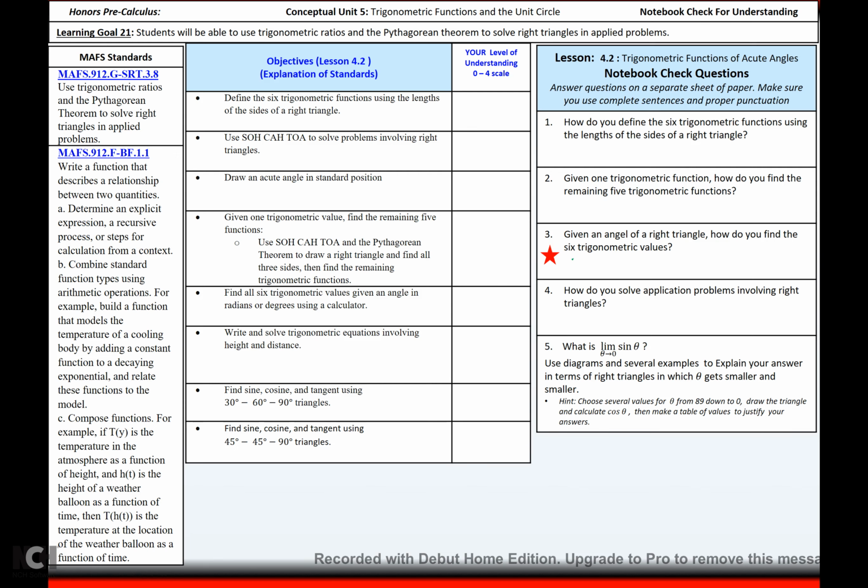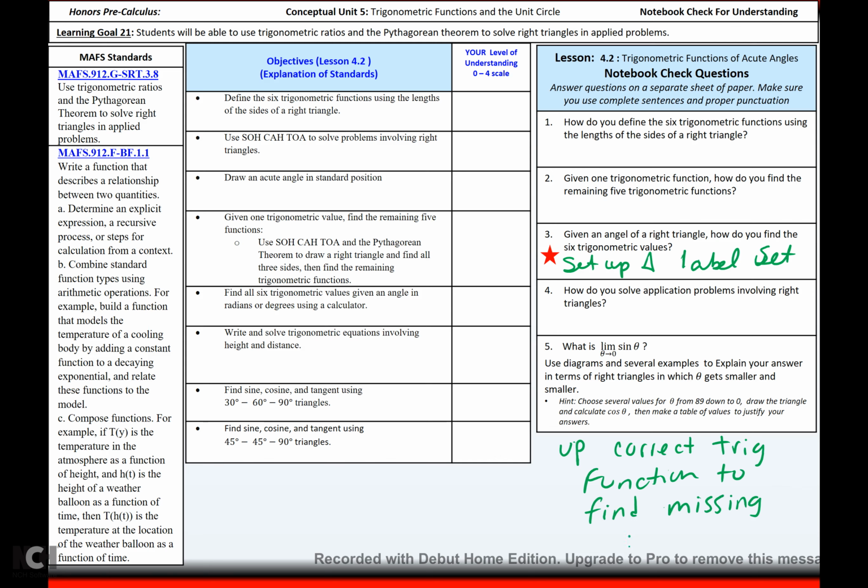Well, you set up the triangle, label, and then set up the correct trig function to find the missing angle. And again, it's hard to be real specific on this because it depends on what you're started off given.